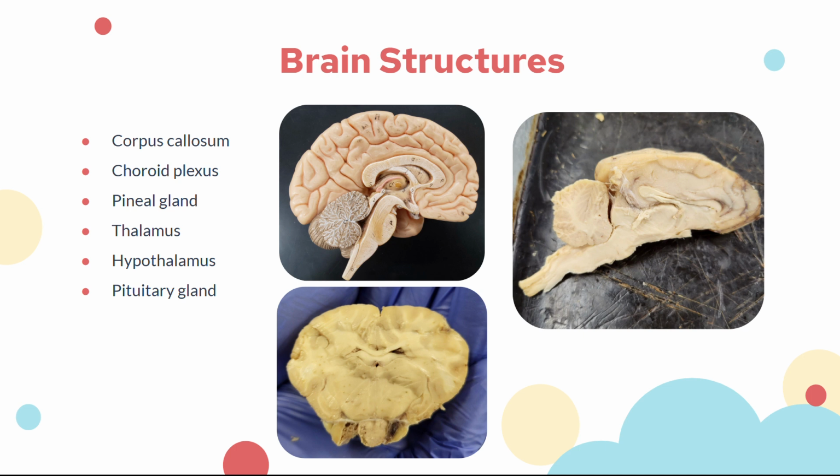And then right underneath that choroid plexus is where our pineal gland would be. So you can see that pineal gland is right there. And it appears that for the sheep brain, our pineal gland would be around here.